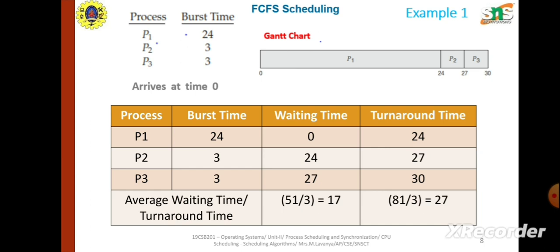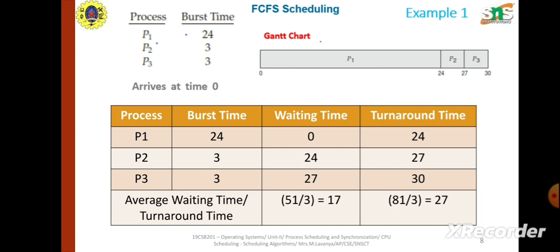Then after completion of process P1, next P2 is allocated to the CPU. The burst time of P2 is 3, so we have to add that 3 to the 24. So 24 is the starting time of process P2 and its burst time is 3. So 24 plus 3, 27, is the completion time of process P2.